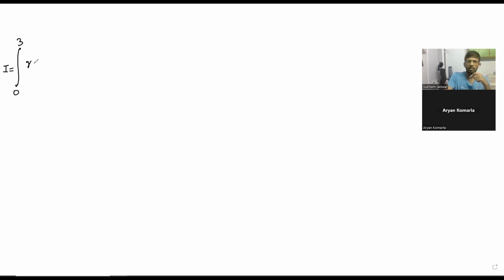Or maybe we should say gamma of x plus 1, with the usual definition, divided by x squared plus 1, dx. So now we have to show that this is greater than 1 plus root 5 by 2.